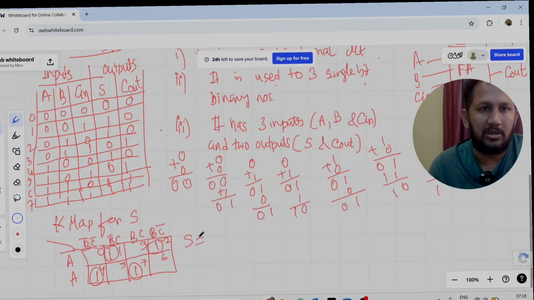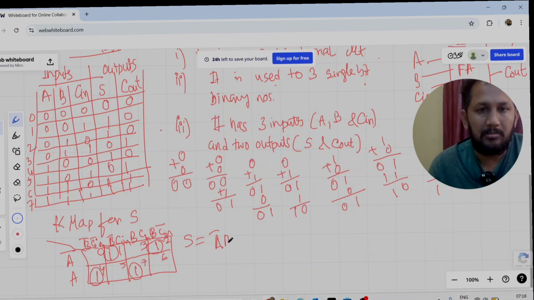S is equal to, here remember C in is there, so we need to write C in. Now S is equal to this one, A bar, row and column. So we need to take the common value between row and column. This is A bar B bar C in.